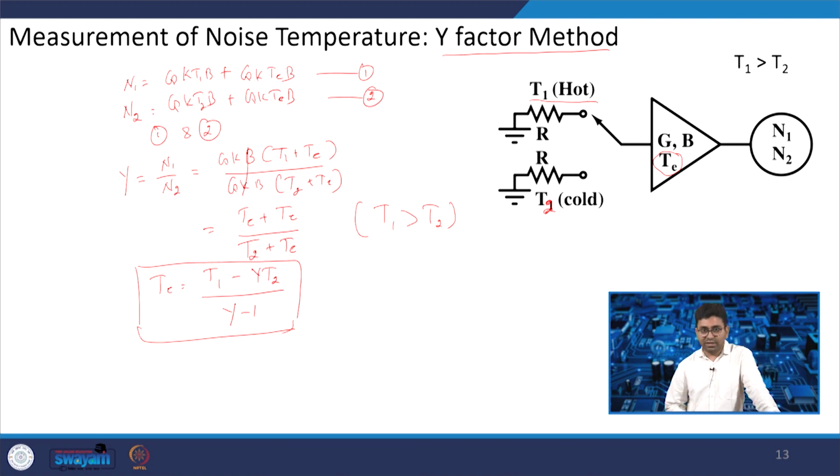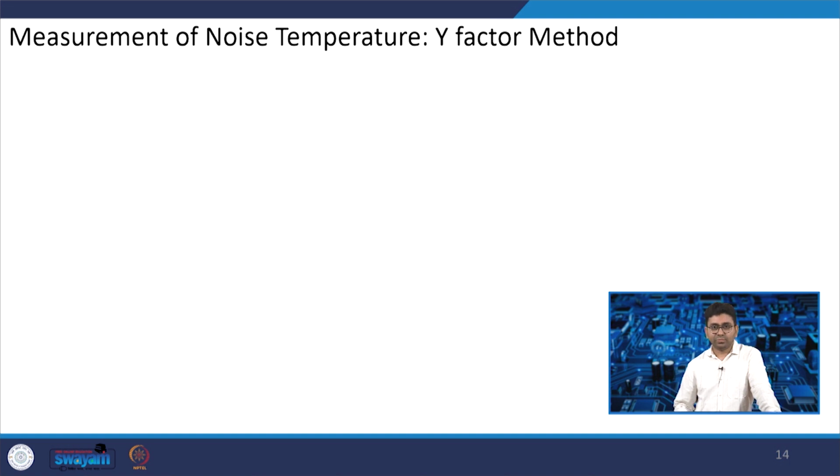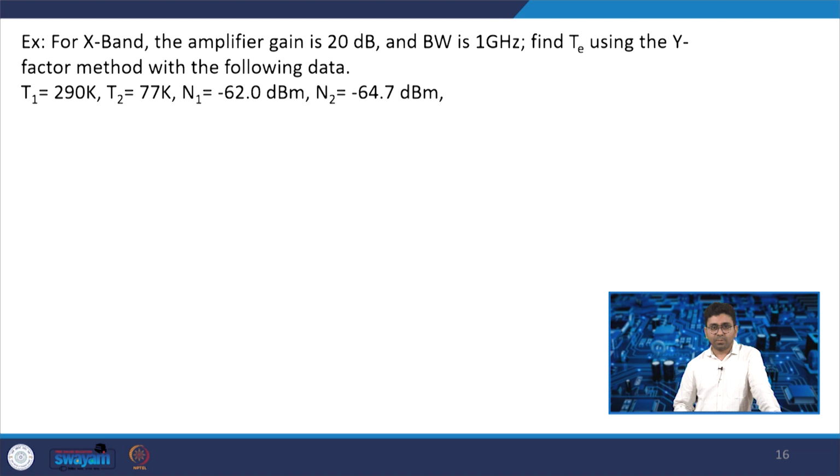We will also try to see an example, because when we see the example we will get more idea about how the equation works. In this example, what exactly has been given is an amplifier working at X band. It has a gain of 20 dB and a bandwidth of 1 gigahertz, and we need to find the equivalent temperature using the Y factor method with the following data.